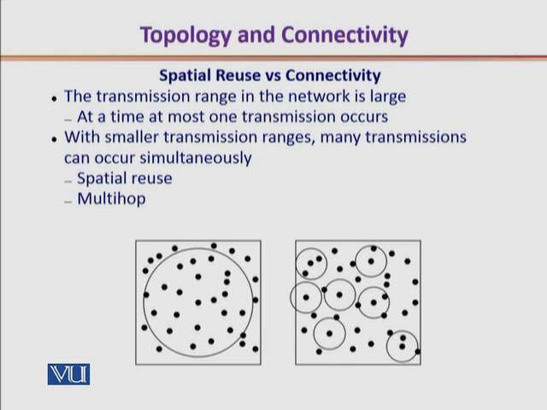So that is the case which is defined on the top. That is, the transmission range in the network is large. Consequently, each node is within the range of every other node, and as such, no multi-hop routing or communication scenarios and the associated problems are there. But what is the flip side?